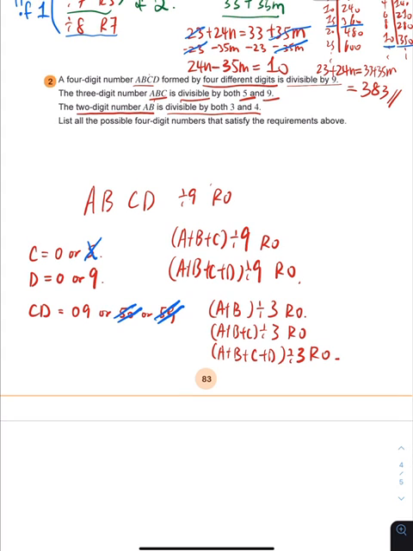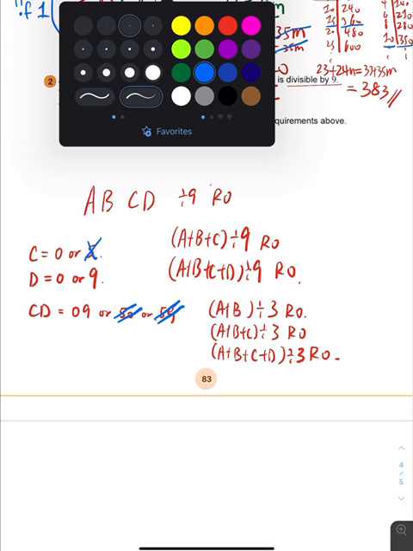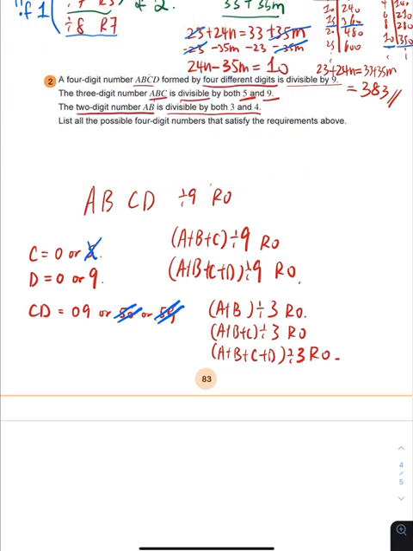Now, if that's the case, it means that A and B added up must also have remainder 0 when divided by 9, because CD adds up to 9, right? So if you're replacing that with a 9, it means that AB adding 9 divided by 9 is remainder 0.